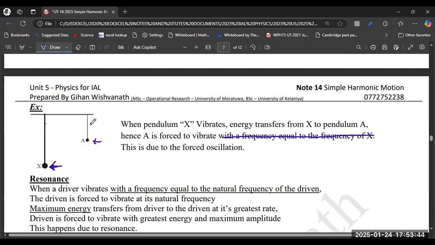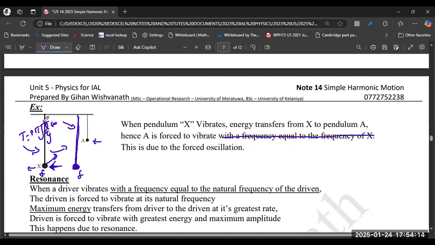That is, I would be talking about a pendulum that has the same length as the pendulum that is already oscillating. Why? Because T equals 2π square root of L over g, and with the same L here also, they both have the same time period and the same frequency of oscillations.